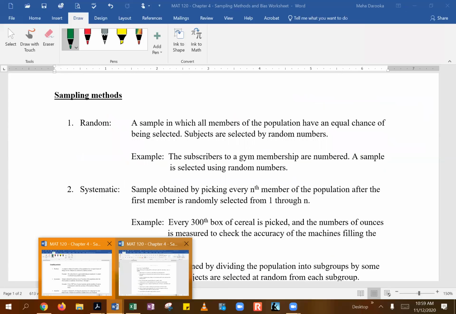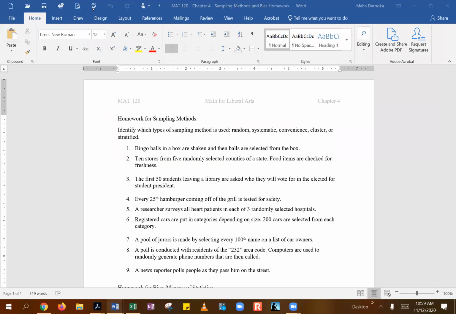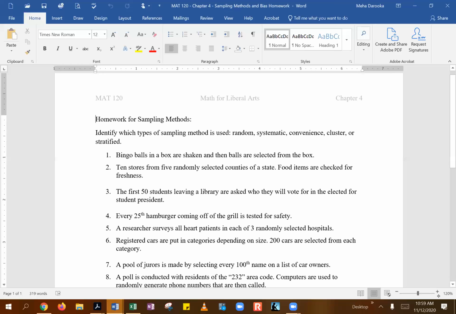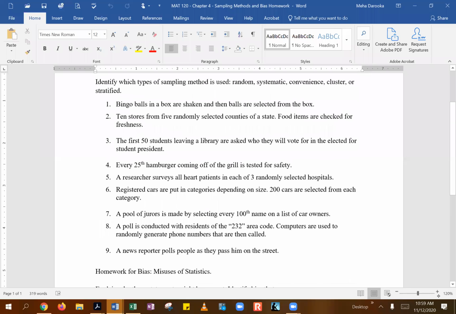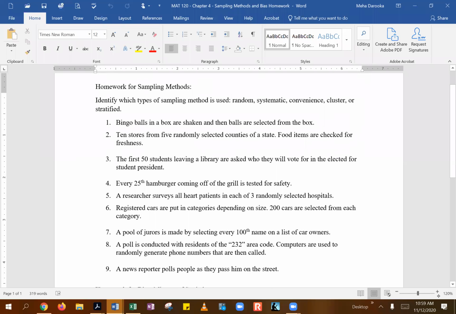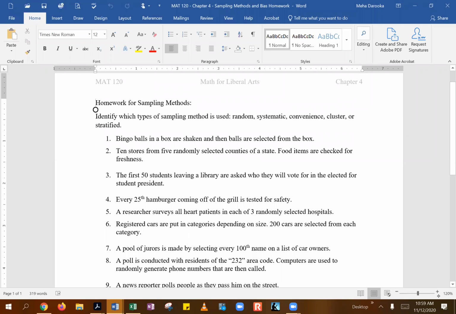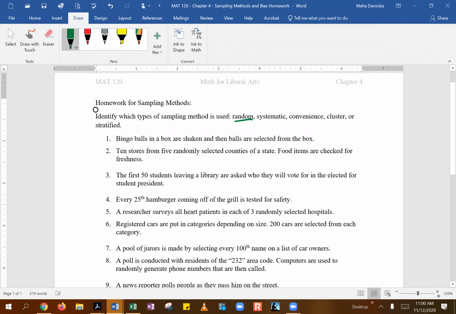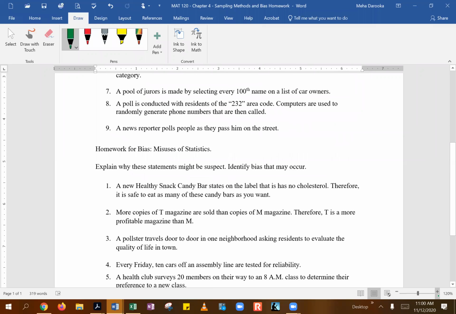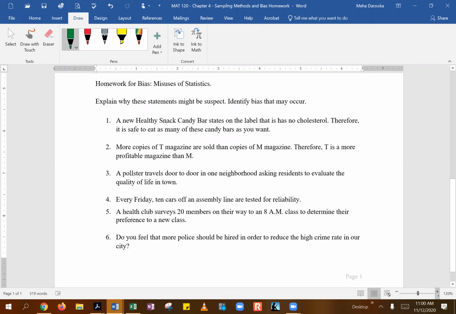Now your homework, this is what your homework handout will look like. The first 9 questions are going to be on the sampling method. You read through the examples and see, out of these 5, which sampling technique they are using. And then at the bottom, you will have 6 questions where they're asking you to explain why these statements will be suspect.